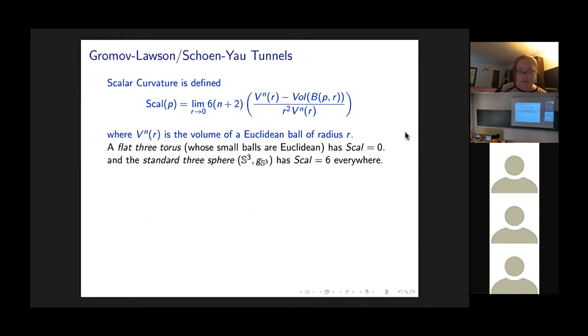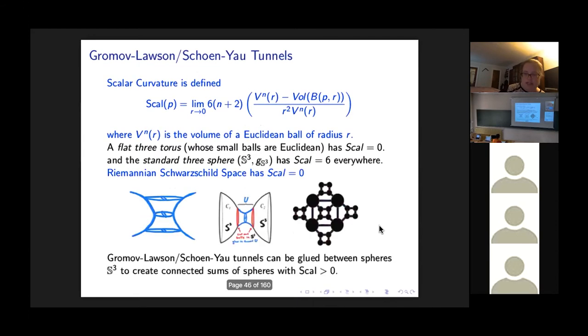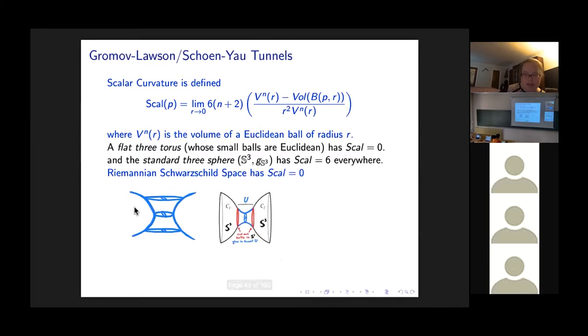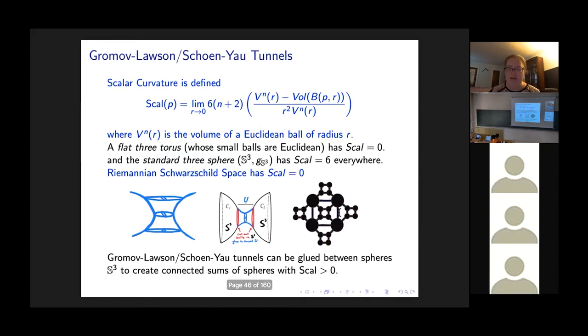All right, so now the main point that Gromov-Lawson and Schoen-Yau made: they take the same kind of idea and attach it between, say, two spheres. And then you can attach it between many spheres. Now, in this particular picture that I brought up earlier in this course in the last meeting, about how you can get really complicated limit spaces, notice here that the tunnels are getting different lengths.